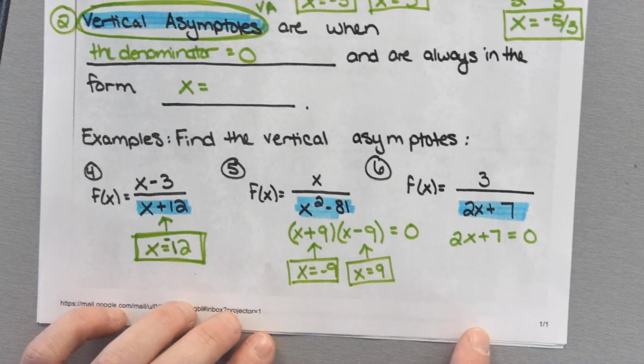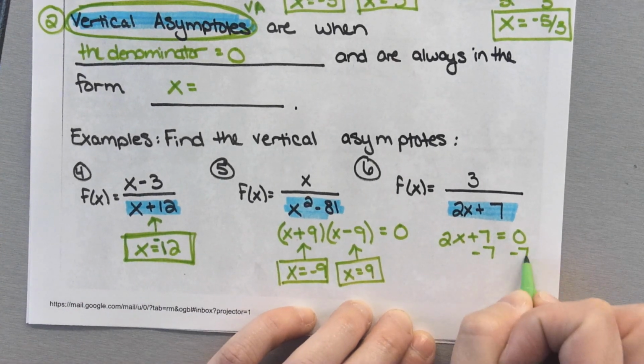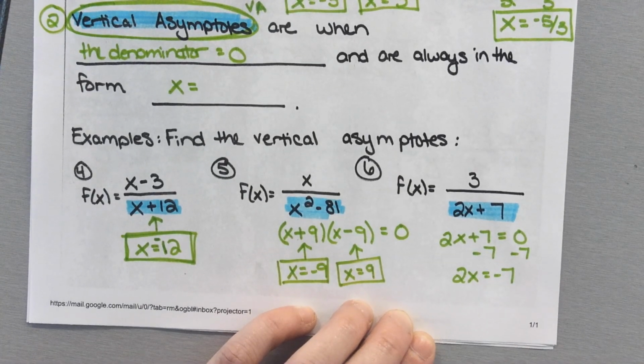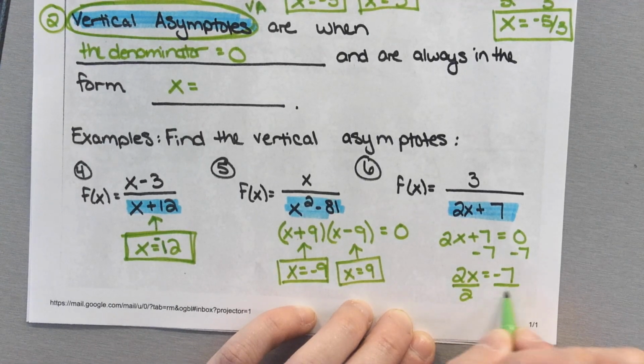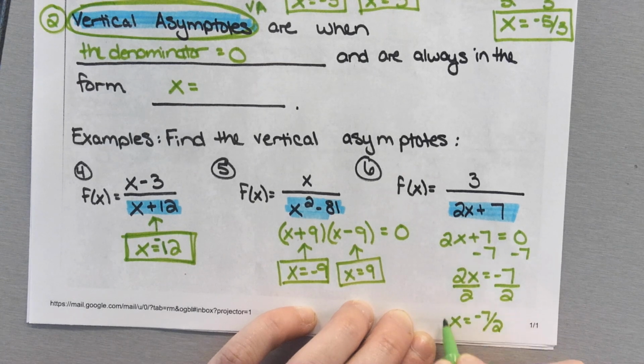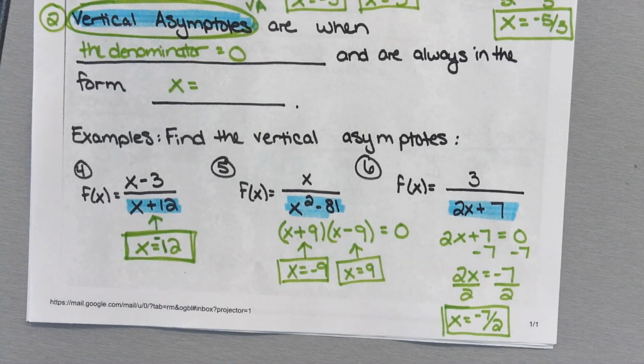So what would you do first to solve this one? Minus the 7. So 2x equals -7. Then what? Divide by 2. So x equals -7/2. I mean, that's not a number you would want, but it's not the best number.